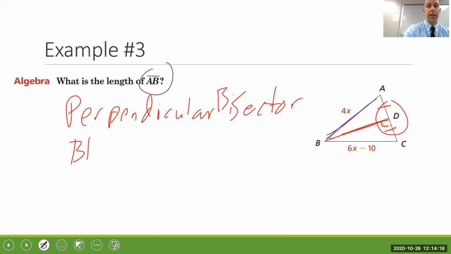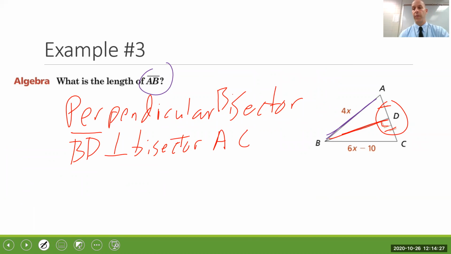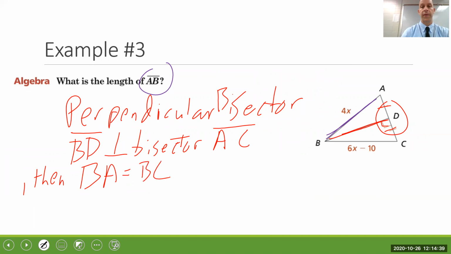If BD is the perpendicular bisector of AC, which it is based on the given information in the picture, then we can conclude that BA has to equal BC. And so that's what we need to do in this problem.